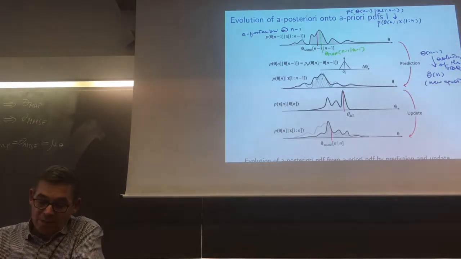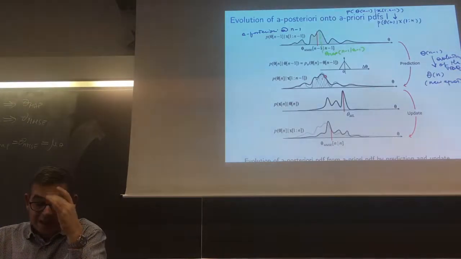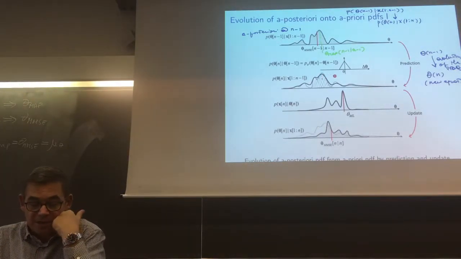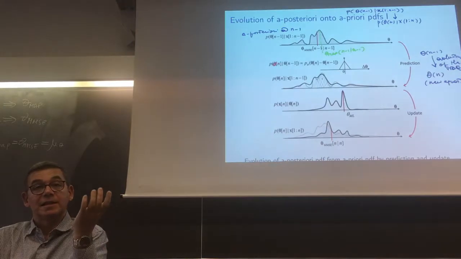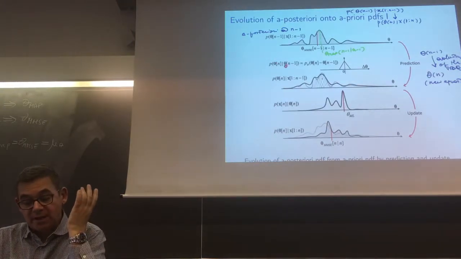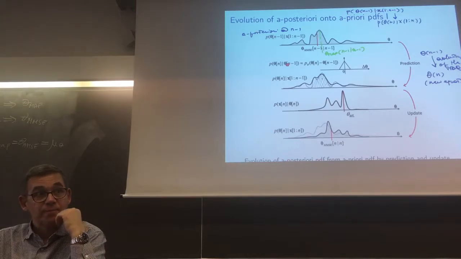But what happens when I do this step? The technical way to do it, we will see in a minute. But what I need is the probability of the state at time n, given that the state was theta at time n minus 1.